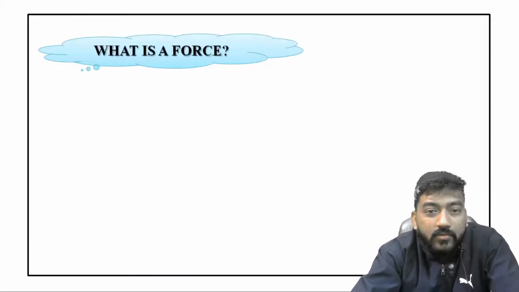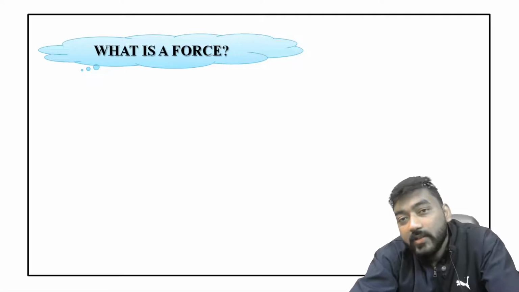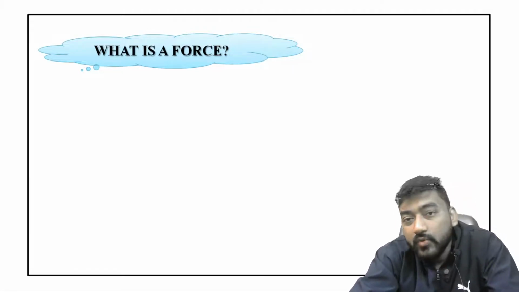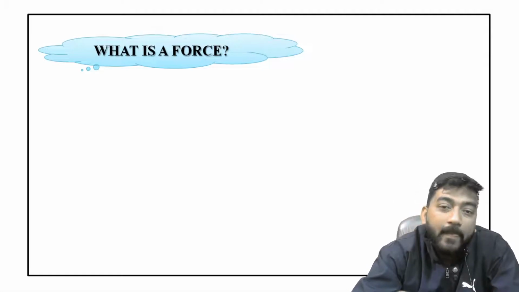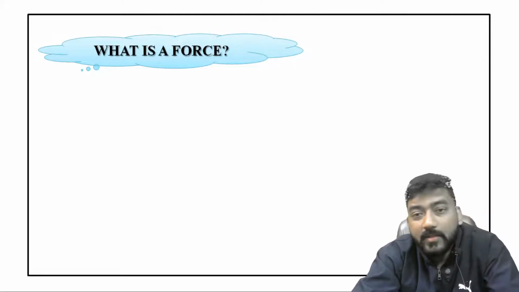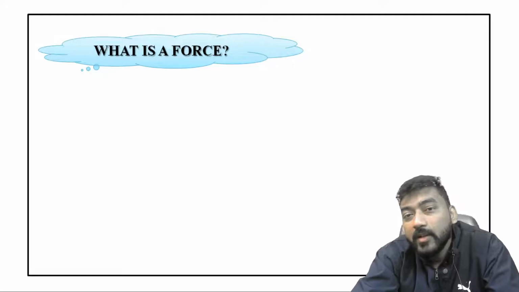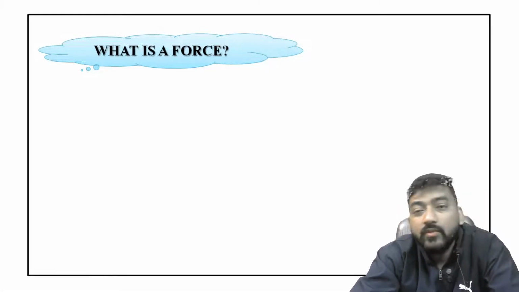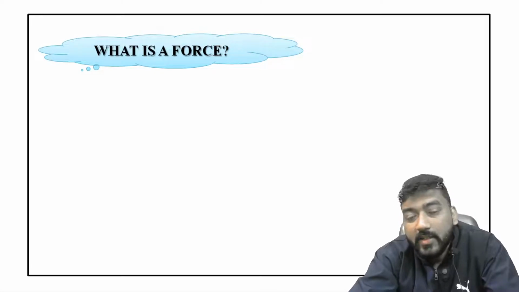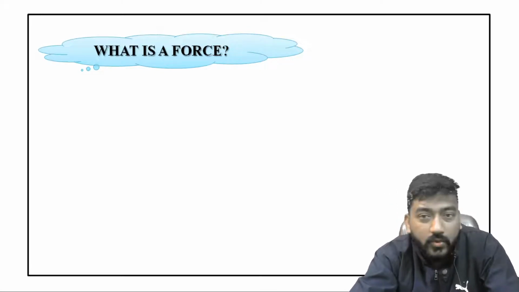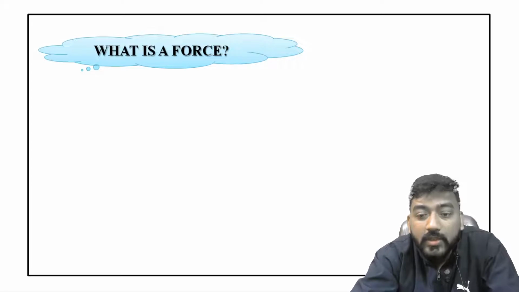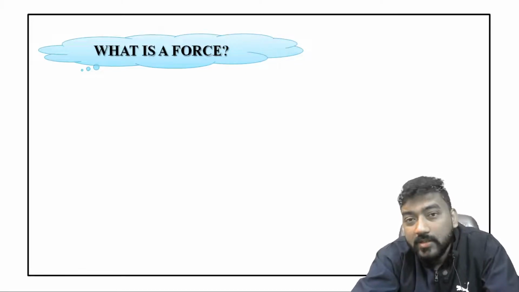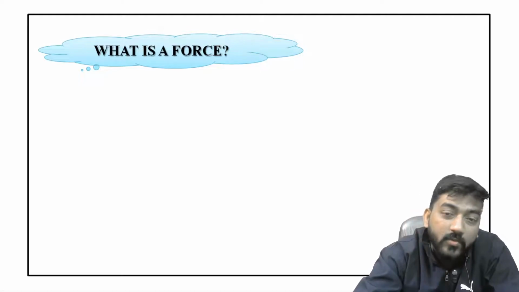Now let me conclude what force actually is. From the examples you can see that sometimes we have to push the object, sometimes we have to pull the object, sometimes we push or pull by contact with the object, or sometimes we push or pull the object without contact, that is, from a distance. But each and every time, what you want to do is change the state of motion of the object.